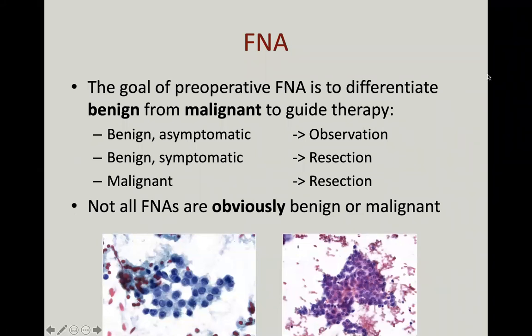If the patient has a benign FNA and is completely asymptomatic, they will likely undergo observation. Benign with a symptomatic nodule probably will still undergo resection just for alleviation of symptoms, and a malignant diagnosis will certainly undergo resection. But not all FNAs are obviously benign or obviously malignant, and so that's where the Bethesda category comes in.